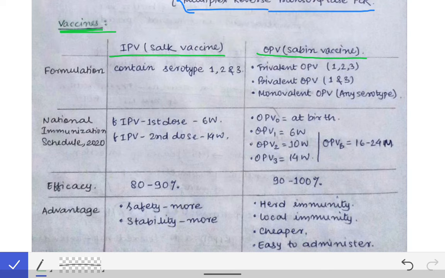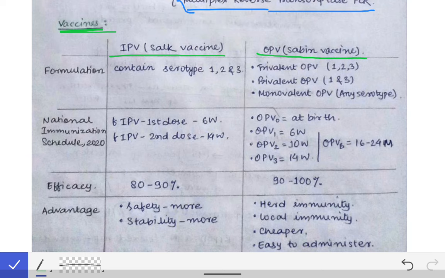There is sometimes confusion between the names. The OPV is called the Sabin vaccine, while the IPV is called the Salk vaccine. Sometimes confusion occurs whether OPV is Sabin vaccine or Salk vaccine, and whether IPV is Salk vaccine or Sabin vaccine. That can be remembered very easily.